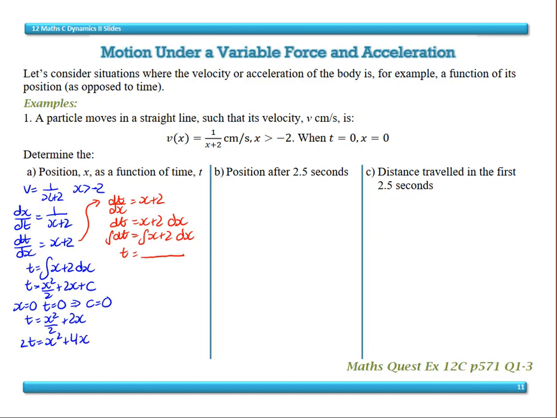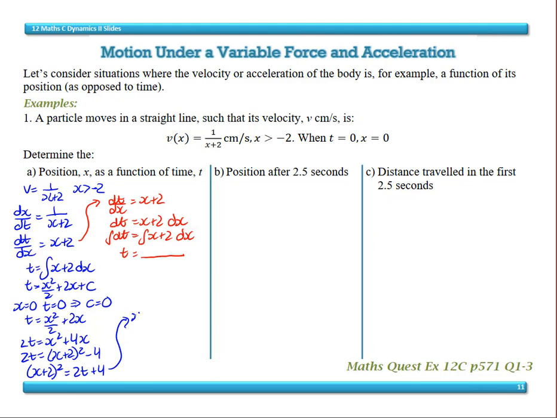Now the only way we're going to be able to isolate x is if we complete the square. So if we complete the square, we get 2t equals x plus 2 all squared minus 4. Okay, so that means our x plus 2 all squared has to be equal to 2t plus 4.